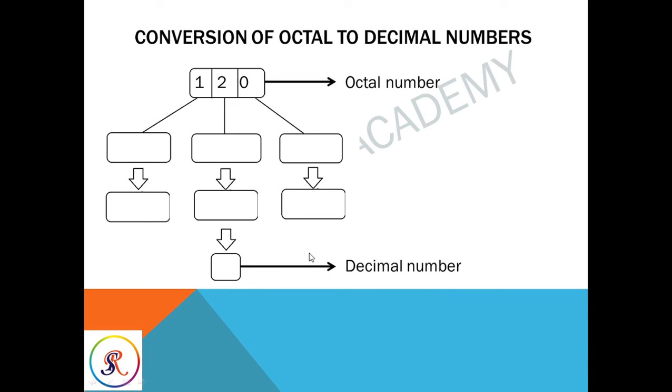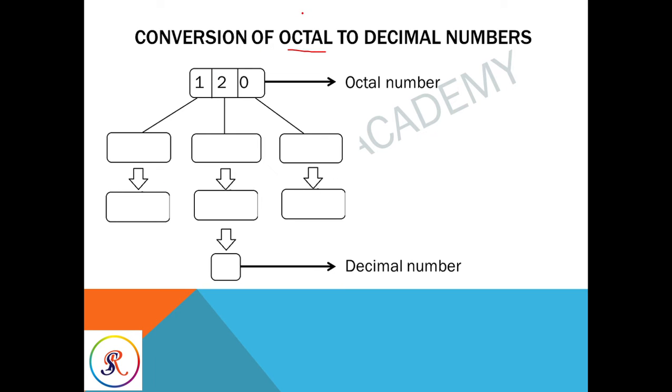Let's go next, conversion of octal to decimal number. Similarly, any octal number can be converted into a decimal number. This method is quite similar to the transformation of any binary number to decimal. So the only difference in this case is, see, already we know the value of octal.